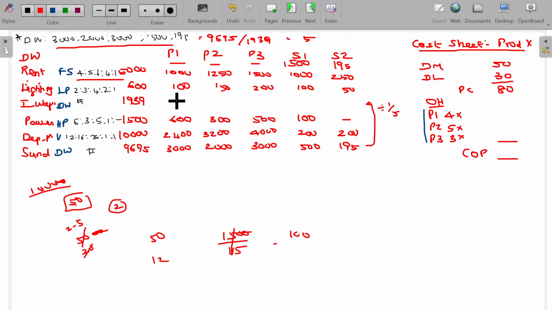3000 divided by 5, 600, 400, 600, 100. This one, okay. Here, one, what's the value? 39.